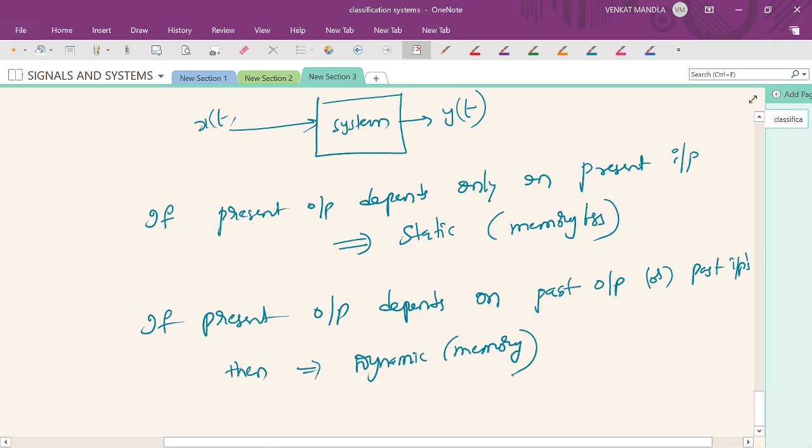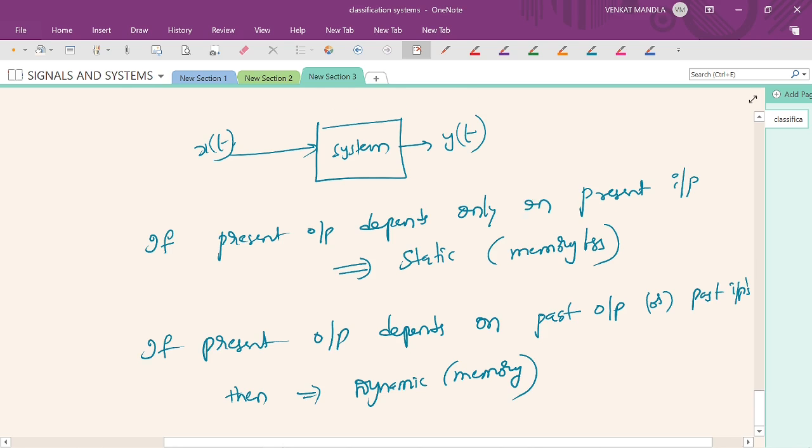So the output depends on the previous values, previous values of input or previous values of output, that means it has some memory. That is a dynamic system or memory system.